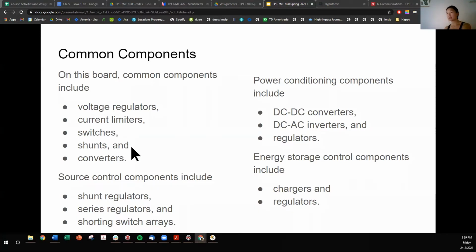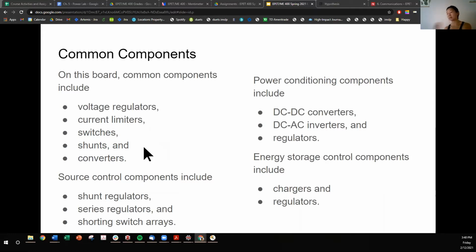We've got shunts, which act as releases when you don't want to pass voltage and current through a line. Shunts are very commonly used if you are generating too much power from your solar panels, for example, and your battery cannot handle it.